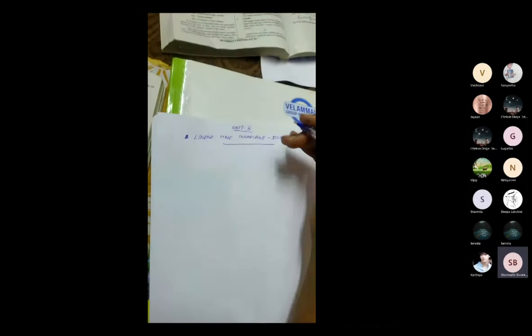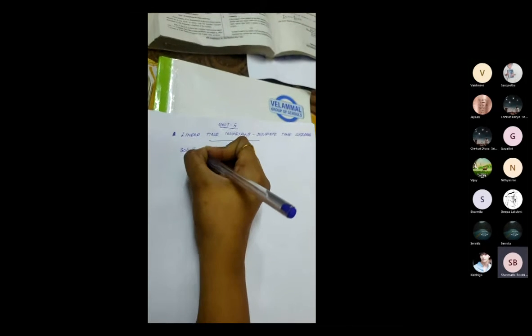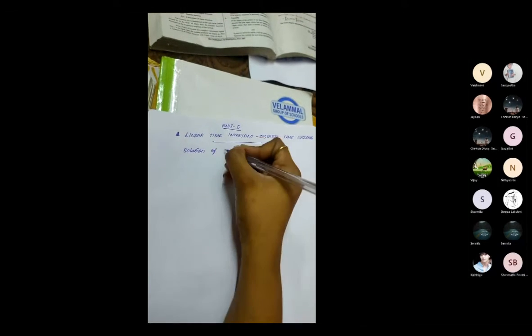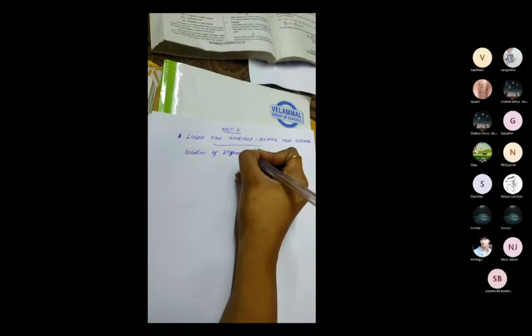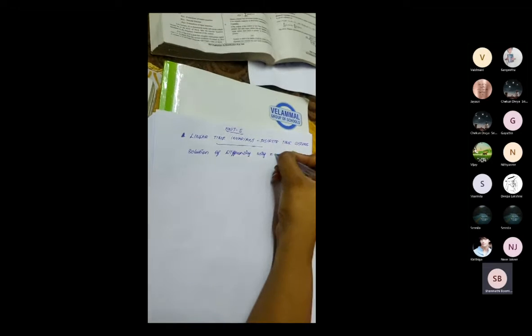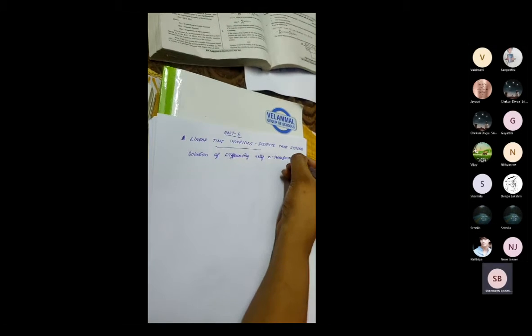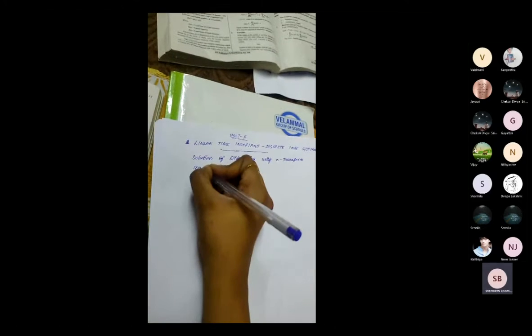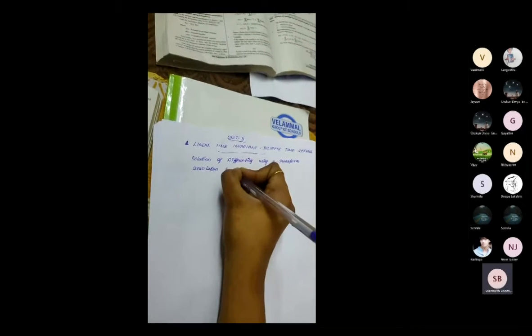So in discrete time systems also you have the same model problems. First one will be the solution of differential equation using Z transform. Next will be convolution sum.